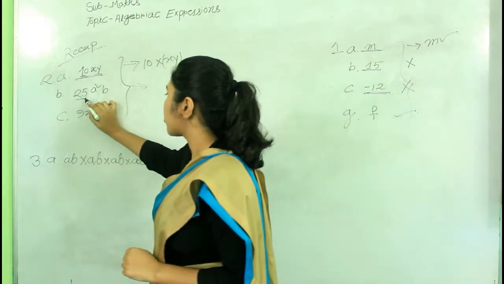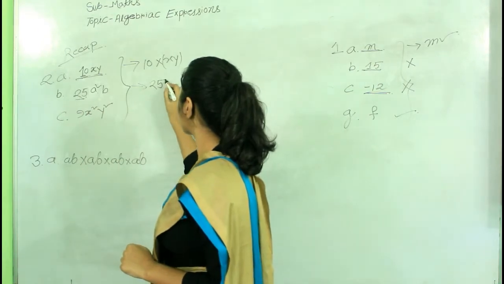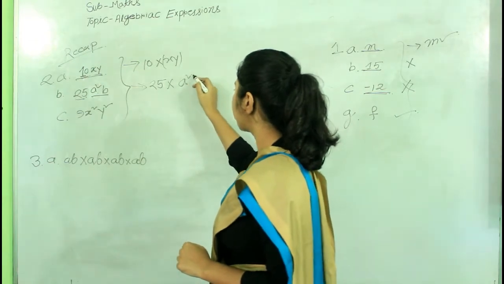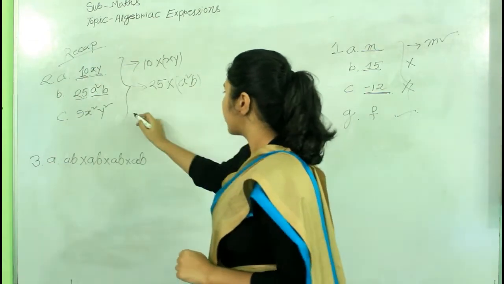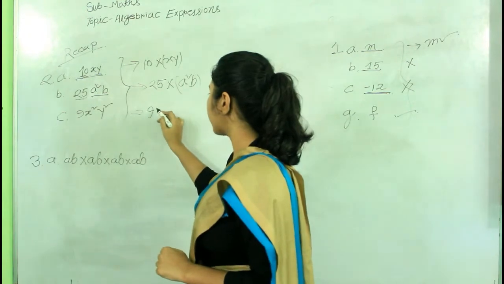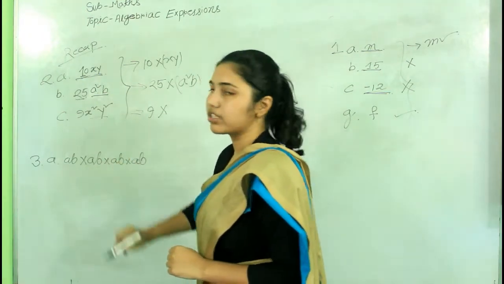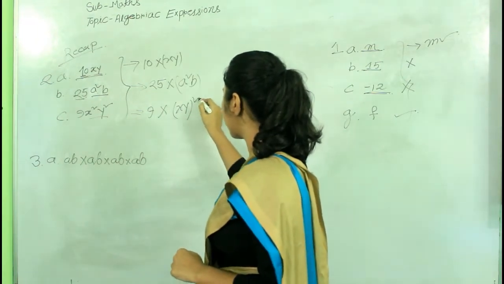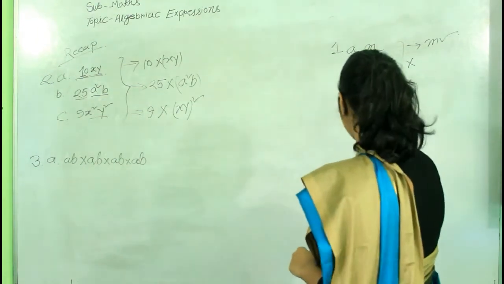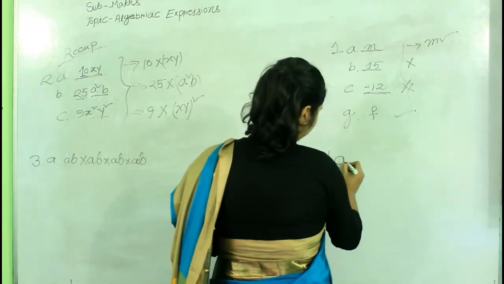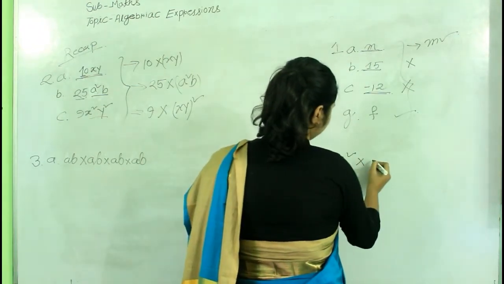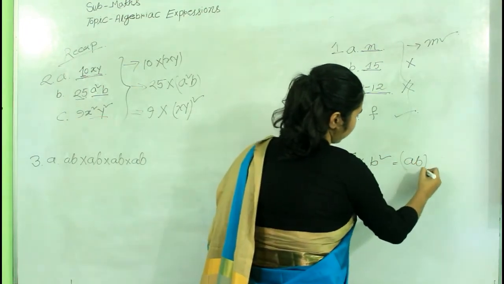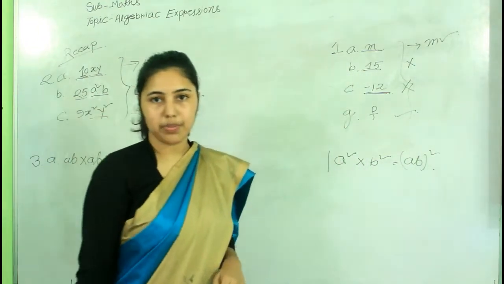So here the constant term is 25 into the variable a square b. Next, here we can write 9 into x square y square, or we can write it as (xy) square, because we know that a square into b square equals (ab) whole square from the chapter exponents.